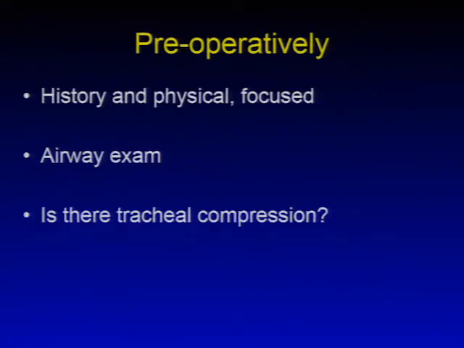So preoperatively, what would we like to ask the patient? First of all, we're going to do a history and physical examination, and we're going to make that a very focused history and physical examination. This will involve, obviously, an airway examination. Certainly in a Down syndrome patient like this, you would expect there to be a very large tongue.